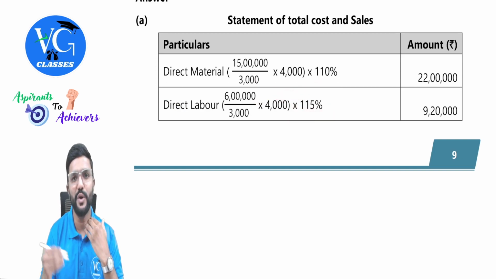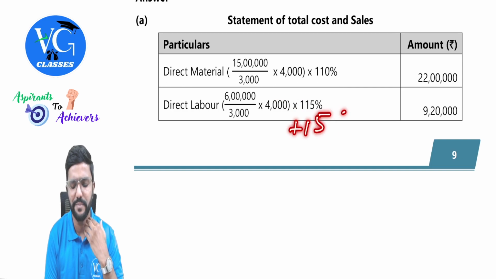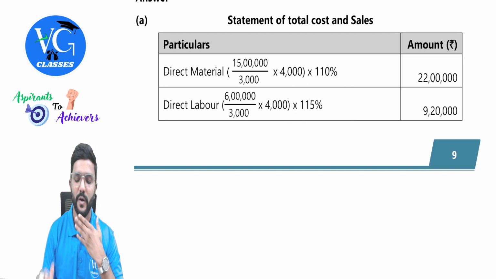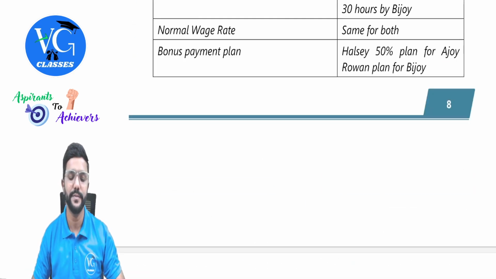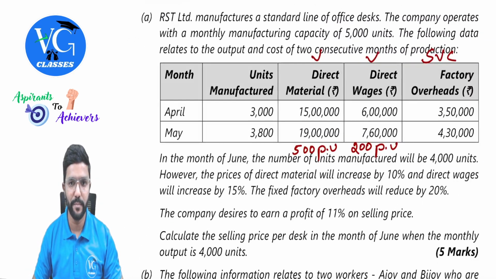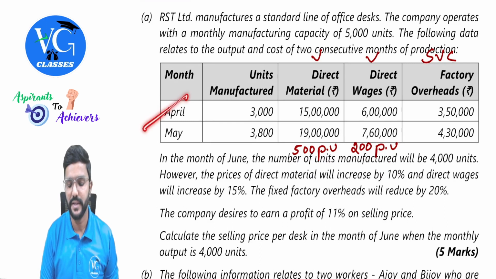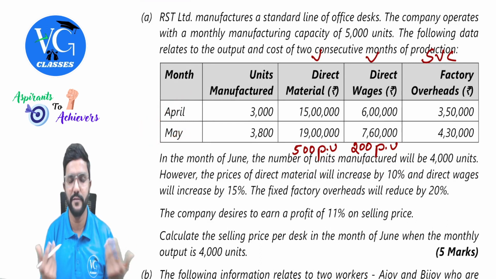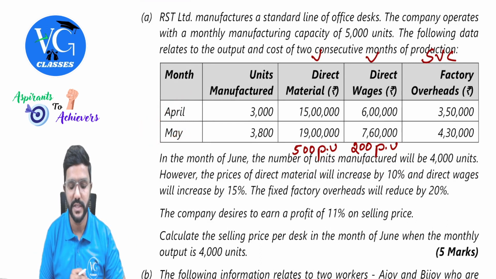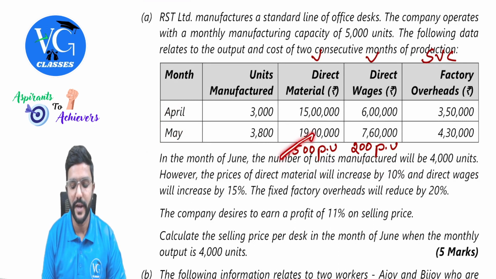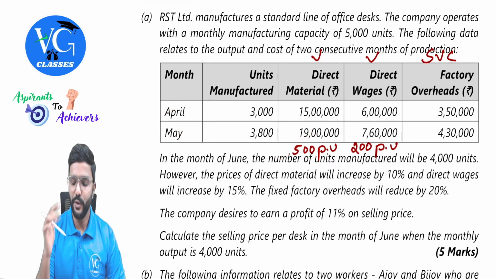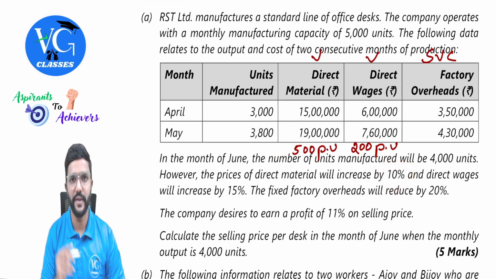Sir, instead of doing into 115, can we do plus 15% also? Yes, here also you can do plus 10%. You will get the same. Or alternatively, we have found out here per unit, right? Using April month data or May month data, it will give the same per unit cost. So we have got 500 per unit, right? For that you add 10%, you will get 550.